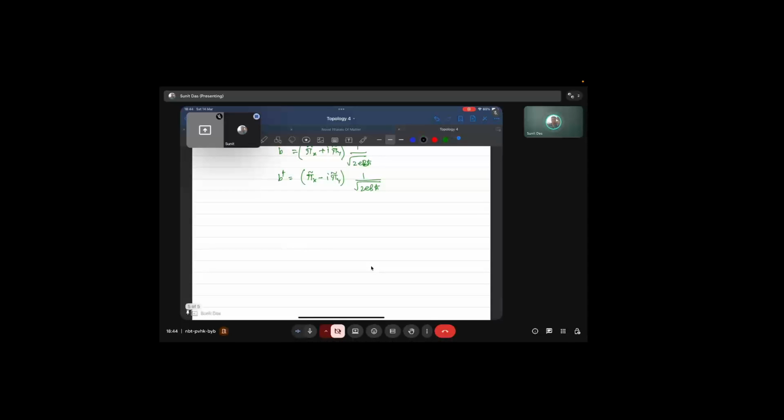If we find the commutation relation between b and b dagger, what we'll find is that it is one.